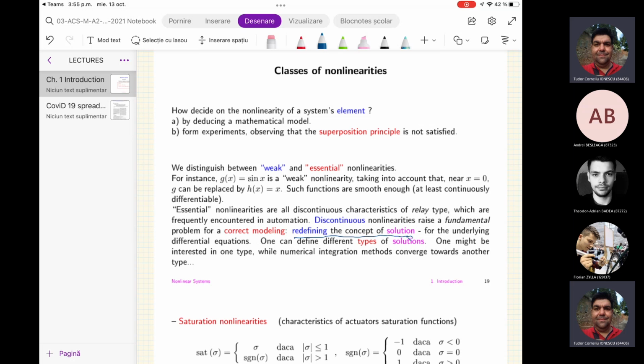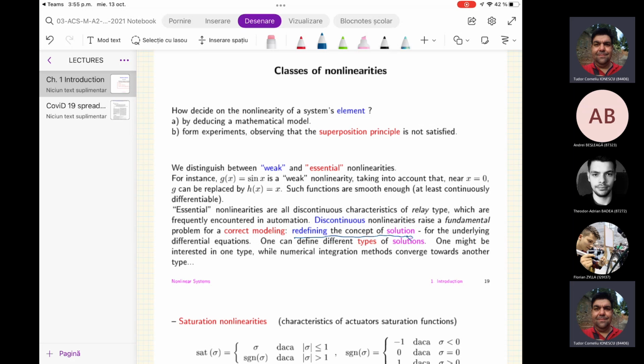The concept of solution of the Cauchy problem we discovered earlier is peculiar to smooth or mildly discontinuous, or piecewise discontinuous functions with discontinuities of finite limits. These are weak nonlinearities, and we define the solutions for such nonlinearities.